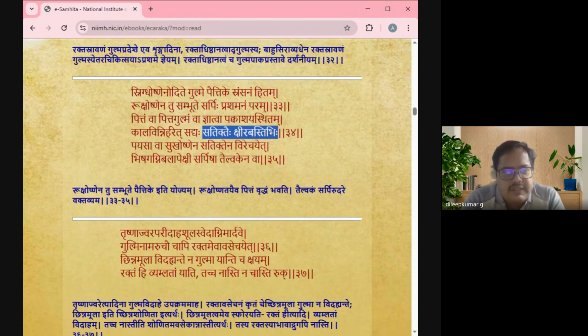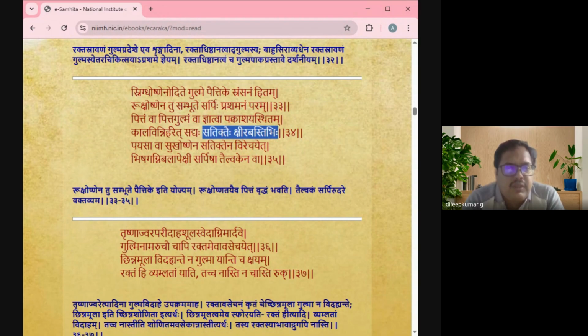So if the Gulma is present at the level of Jatara, at the level of Nabhi, and is more of Snigdha Ushna nature, go for Stramsana. If the Gulma is present at the level of Nabhi, Jatara or stomach, and is related to Ruksha Ushna, you should go for Sarpi.